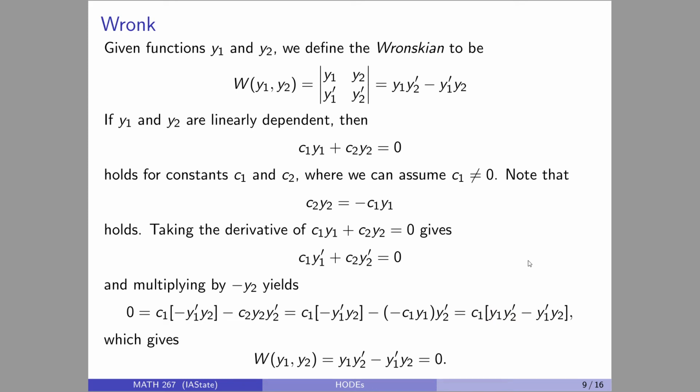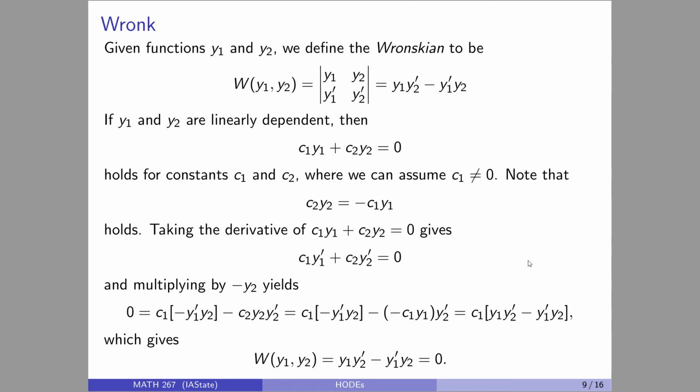So what we've now demonstrated, nice little explanation here, is that if you are linearly dependent, then your Wronskian must equal 0. Let's reiterate that. If you are linearly dependent, then the Wronskian must equal 0.